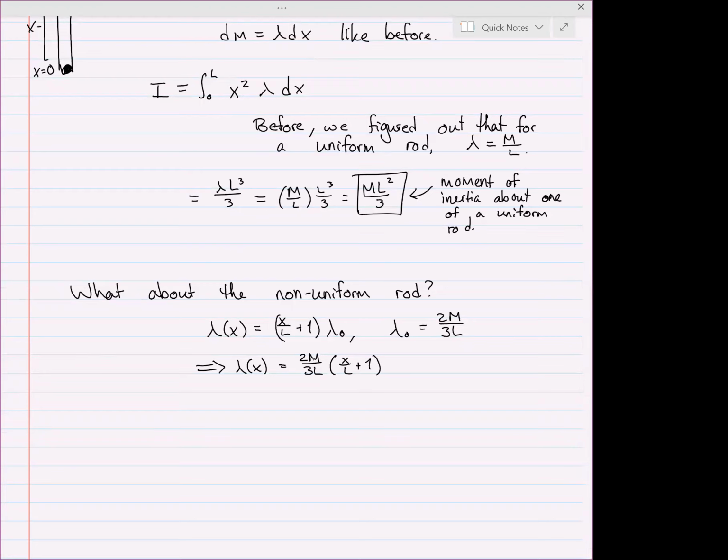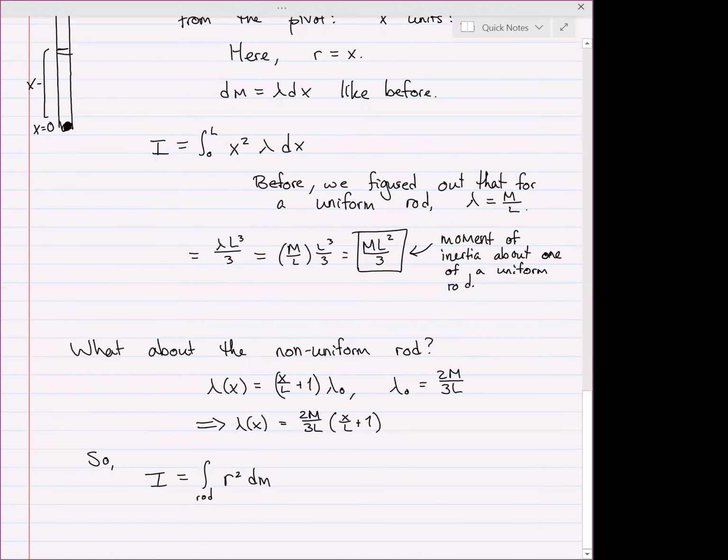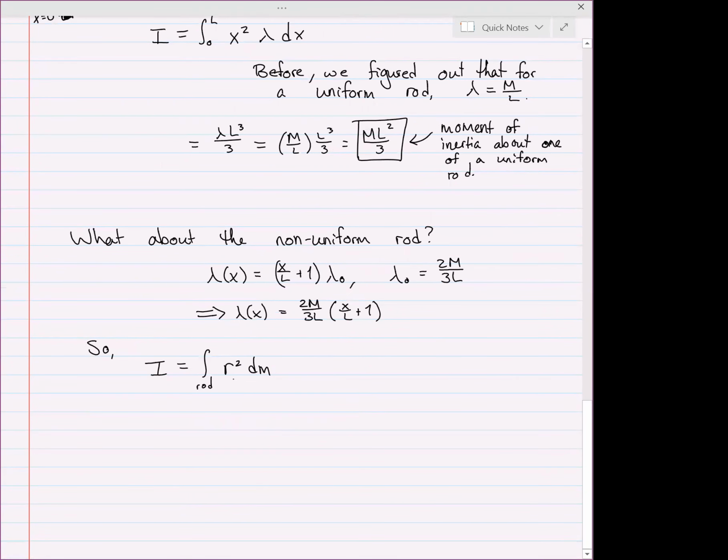All right, so we do the same thing that we just did. The moment of inertia, I, is always equal to the integral over the whole object, in this case the rod, of r squared dm. Assuming we're using the same coordinate system, r is x, dm is lambda dx, and this is an integral from 0 to L. So we just do it.